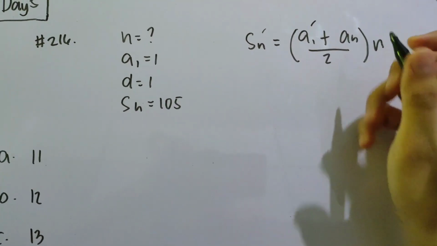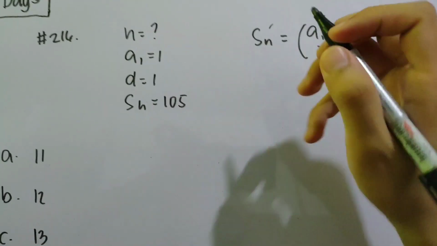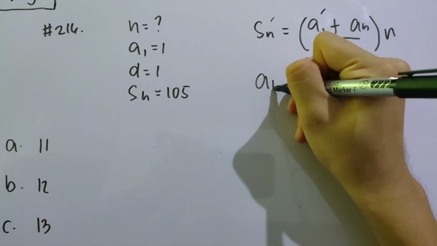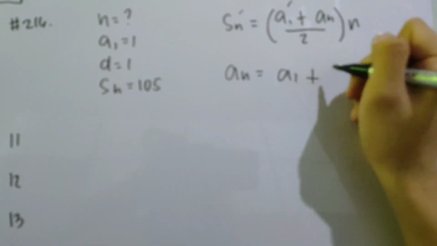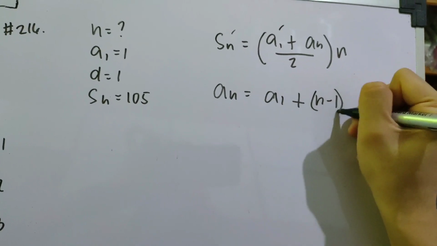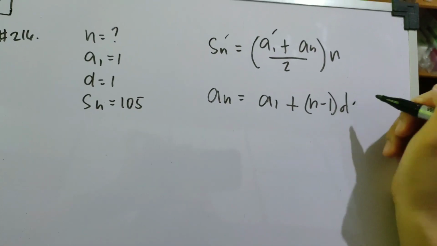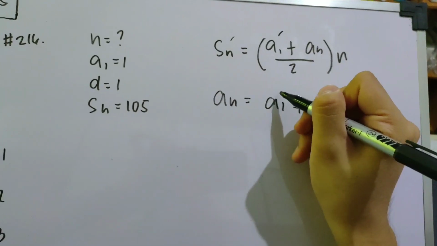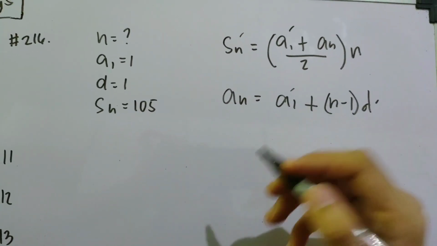So ibig sabihin, kailangan pa natin ng isa pang equation, which is yung formula ng nth term or An. So yung An natin is equal to A1 plus (n minus 1) times yung common difference. So dito meron tayong common difference na D at meron din tayong A1. And still ang unknowns pa rin natin ay yung An at yung n.